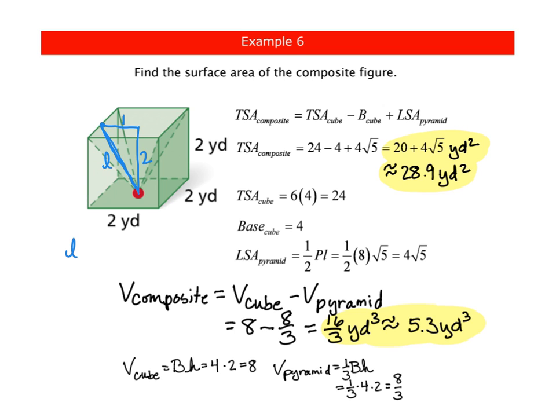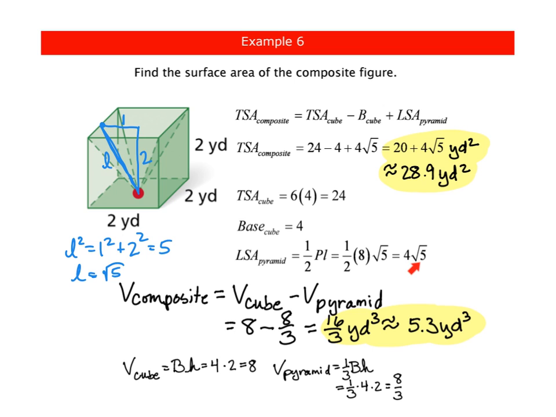So I would find lateral height, or slant height squared, equals 1 squared plus 2 squared. So 1 squared plus 2 squared is 5. So my slant height is the square root of 5. So looking back over here, 1/2 the perimeter of the base, 8, times my slant height, square root of 5.